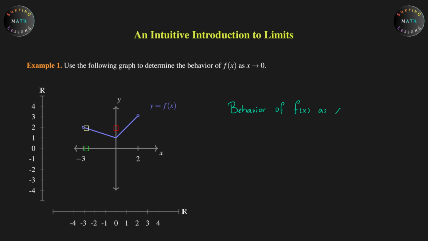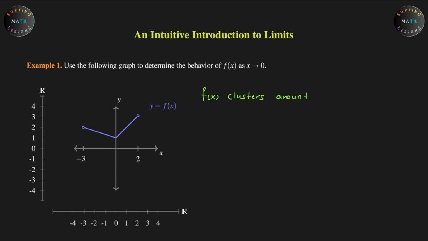Likewise, if x approaches 0 from the left, then x moves in the open interval (-3, 0) and towards 0. During this process, the red square approaches the value y equal to 1. Hence, in this case, f of x clusters around y equal to 1 as x approaches 0 from the left.